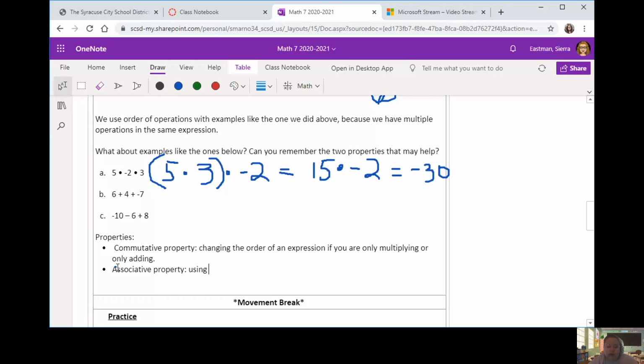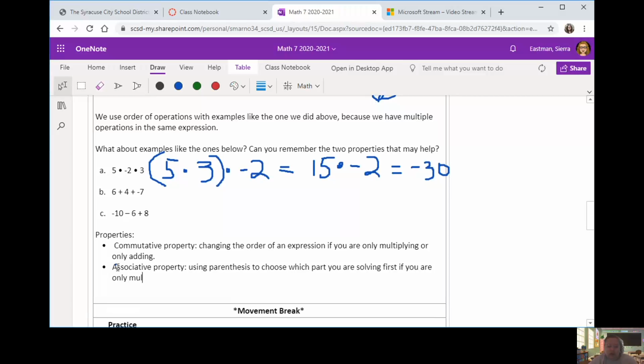Okay. Using parentheses to choose which part you are solving first, if you are only multiplying or only adding in an expression.